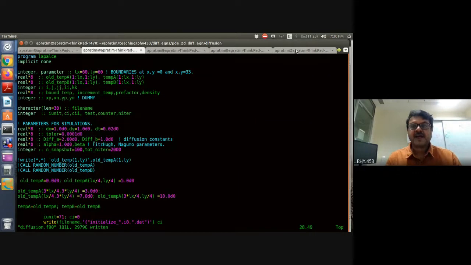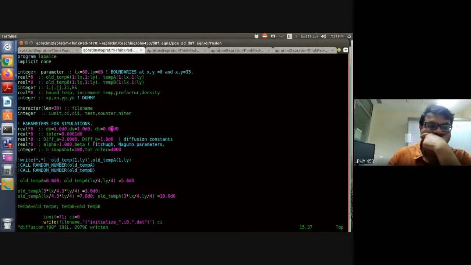Now, let's do two things. Suppose let's change the total number of iterations to 4000. Okay, so that's one thing I did. I put back the dt equal to 0.01. So basically now you're running it for the same time, but you have more snapshots, right?